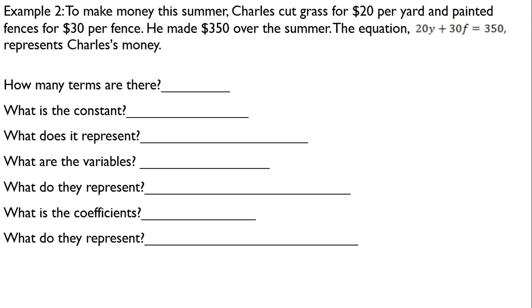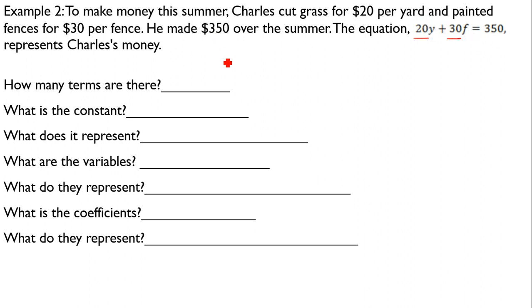So to make money this summer, Charles cut grass for $20 a yard and painted fences for $30 a fence. He made $350 over the summer. The equation 20y plus 30f equals 350 represents Charles's money. So how many terms are there? Well, let's look at it. So we got this one, and then we have what they equal to. What they equal to is more like our sum.